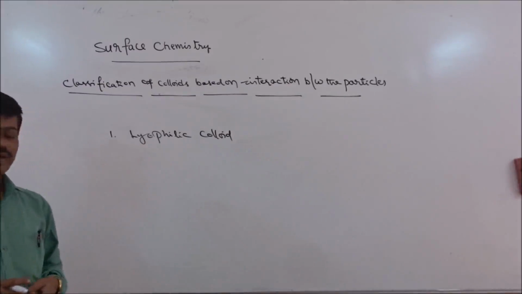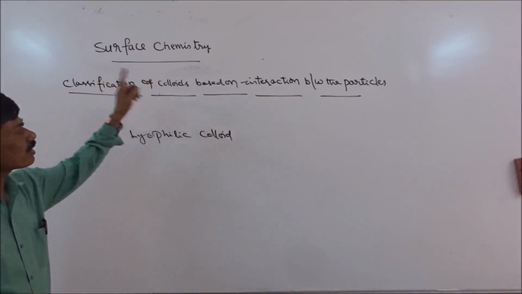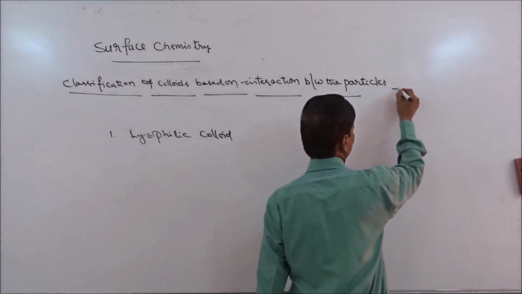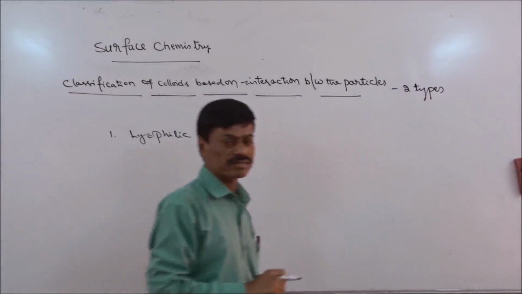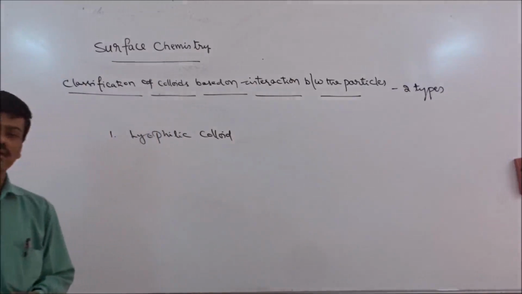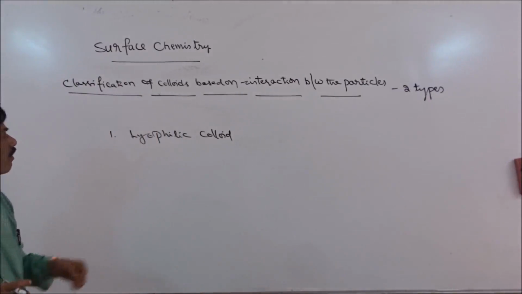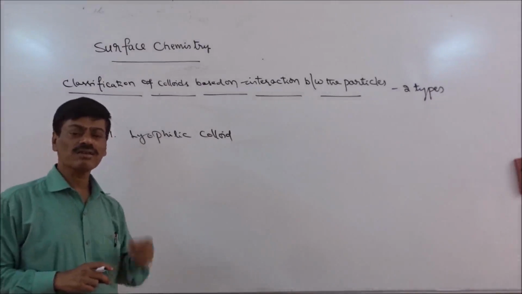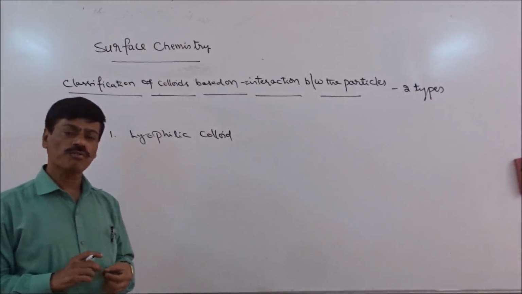And second type is lyophobic sol. So based on interactions, we have two types of colloids. Here interaction means it can be attraction or repulsion. And those two types are, number one, lyophilic colloid or lyophilic sol, and number two, lyophobic sol or lyophobic colloid.